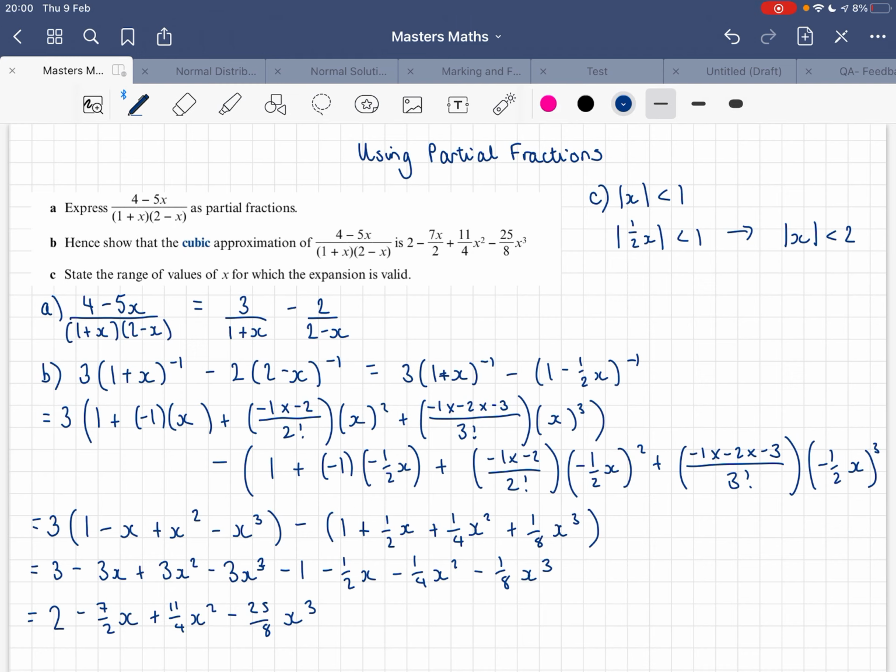So we're basically combining these two inequalities, but when we combine them, we actually end up with modulus x is just less than 1, because that works for both of the expansions, both of the partial fractions. I'm not sure I've explained that all too well.